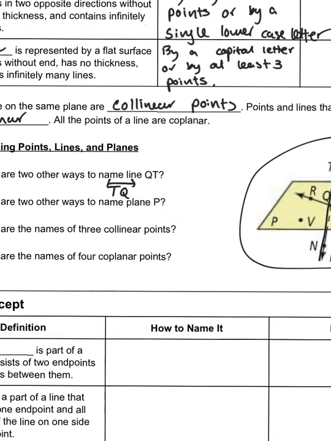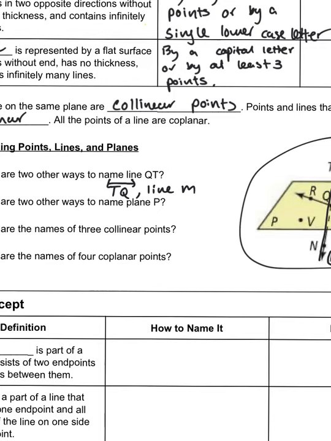And if you look back, it also says we can name it by a single lowercase letter. Well, here we have line M. M is that lowercase letter, and it represents that one line.